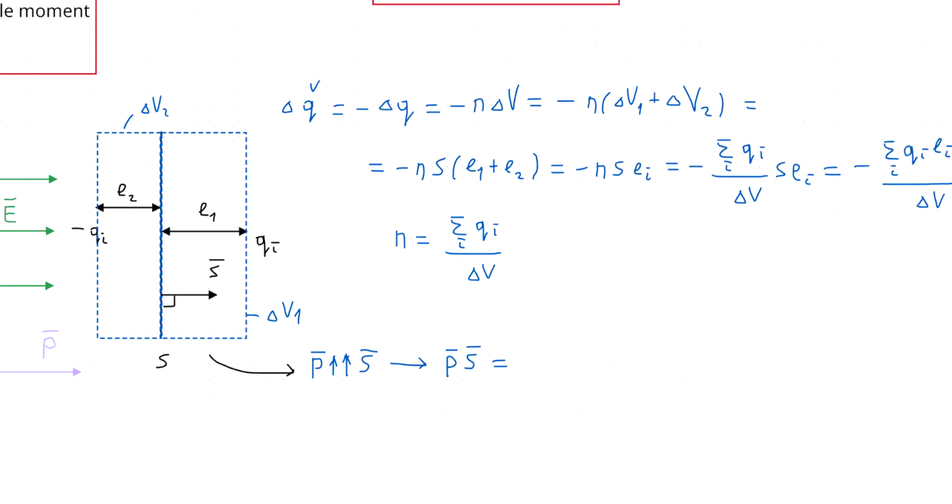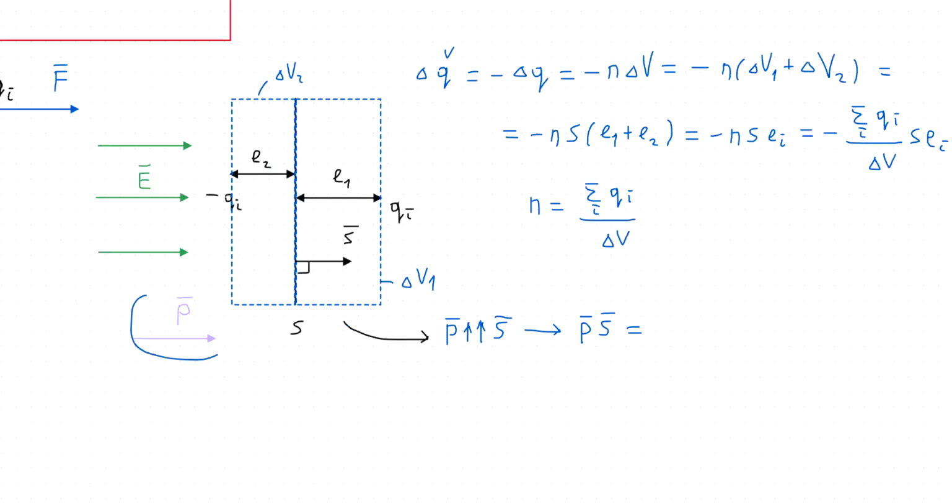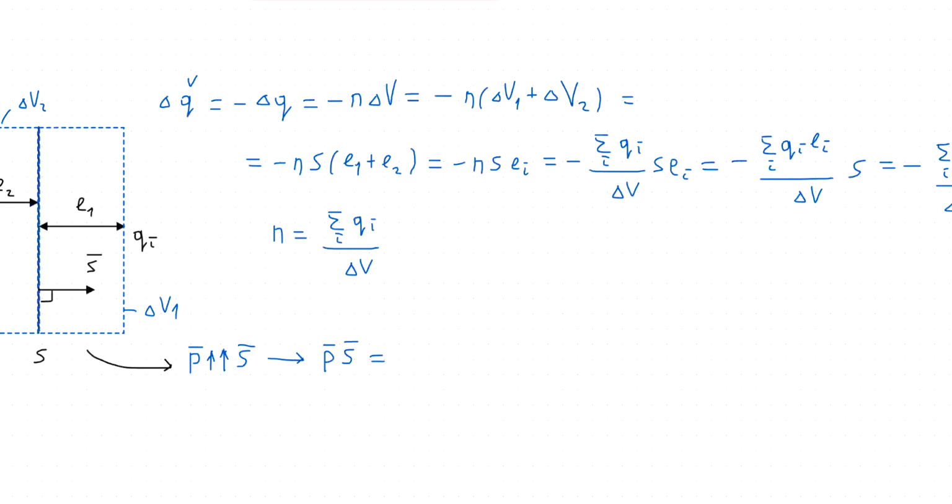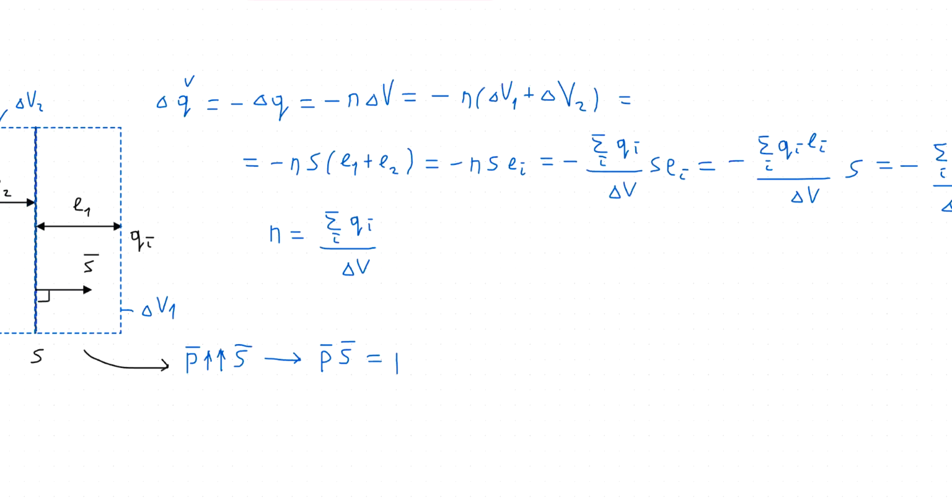So the absolute value of vector S is the same as the area of the surface, and this vector is directed normally to the surface, and its direction is the same as the direction of vector P. And because of this, we have P as cosine 0, and it will be PS.